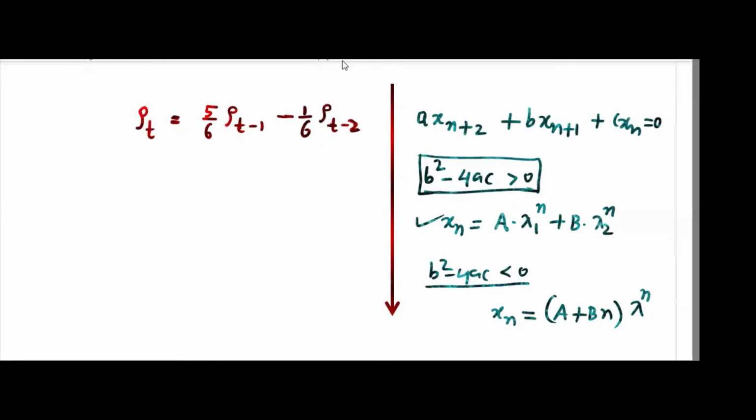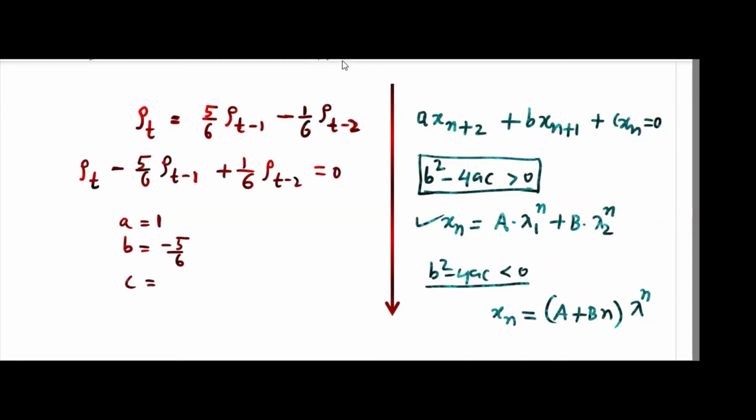Now here we'll bring all to the left hand side. Now we write ABC. A is equal to 1, B is equal to minus 5 upon 6, and C is equal to 1 upon 6. And you find B square minus 4AC.